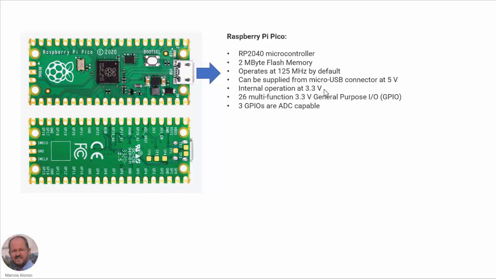As we will see later, internally it operates at 3.3 volts. It provides a total of 26 multifunction 3.3 volts general purpose input outputs, GPIO, and 3 of these GPIOs are ADC capable, so they can be used for analog to digital conversions.